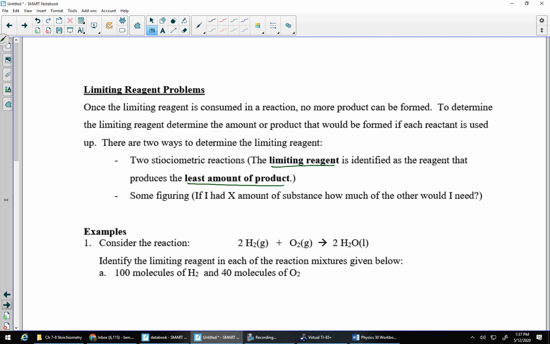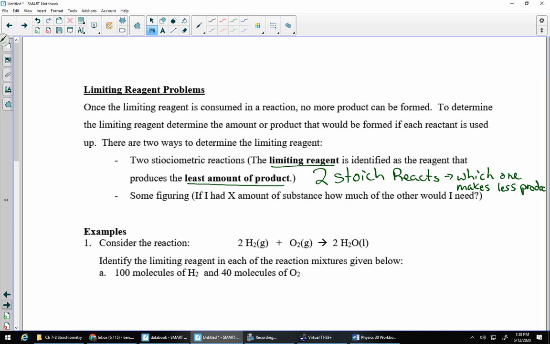So the easiest way to deal with this is to do 2 stoichiometry reactions and figure out which one makes the least amount. Which one makes less product?